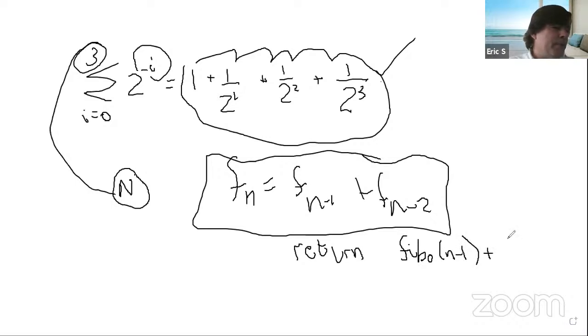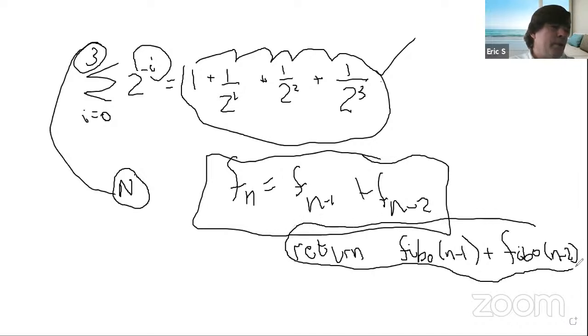But the one-to-one translation, if you had your function Fibo that was adding together, this is what a return statement would look like in Python. For these types of single variable recursions, on recursive equations or difference equations, I don't think there's much difference between Python and many other languages.